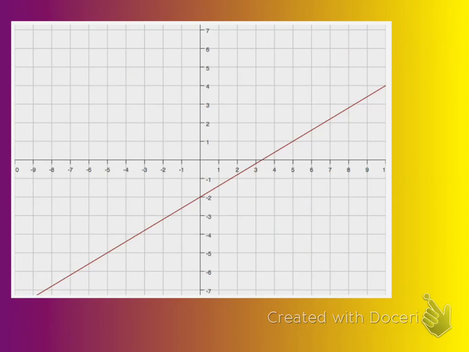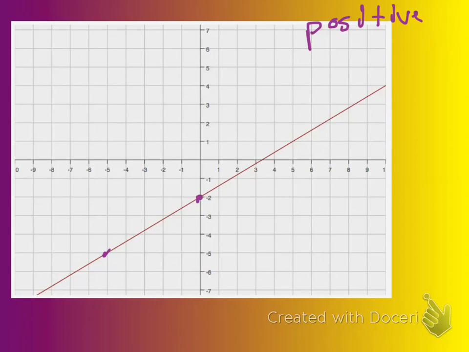Alright, now would be a good time for you to pause the video and try and find the slope on this before I do. Alright, when I read this from left to right, it is going up to the right, so this is going to be a positive slope. Again, I'm going to choose 2 points. Where does it cross through nicely? There's a point right here, and then there's a point right here.